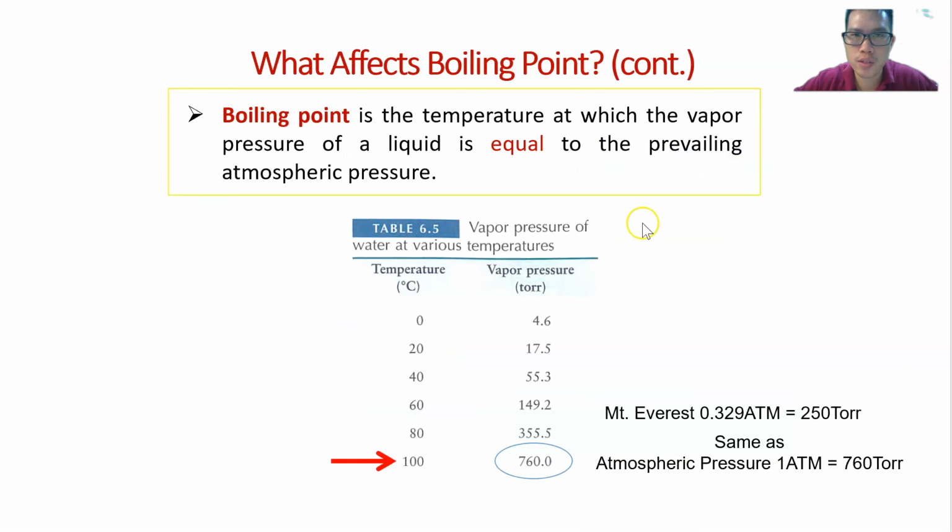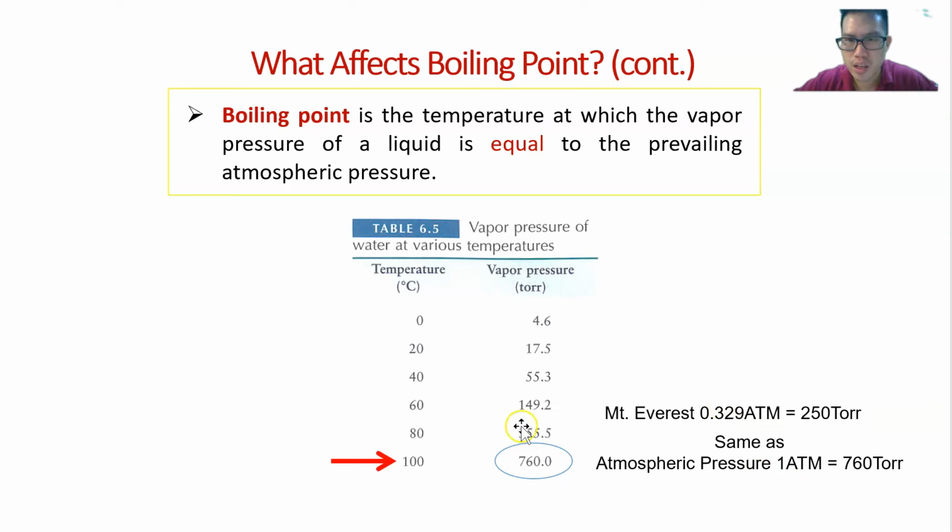For example, if you're trying to boil water on top of Mount Everest, the pressure is 0.329 atm. What we are in now at Lakeside campus is 1 atm, so on Mount Everest it is a lot lower pressure.